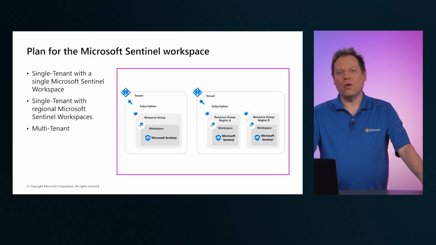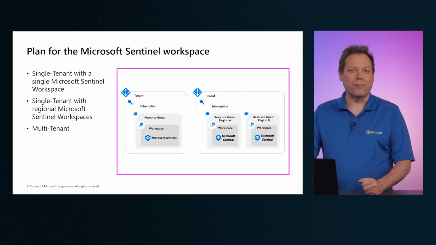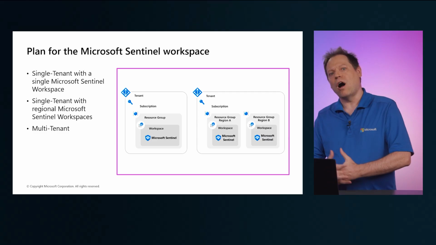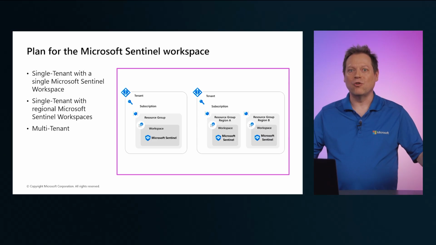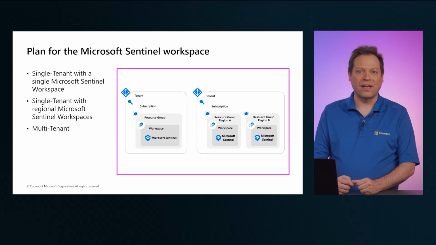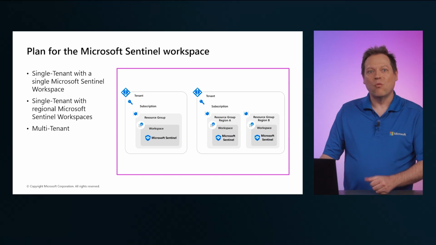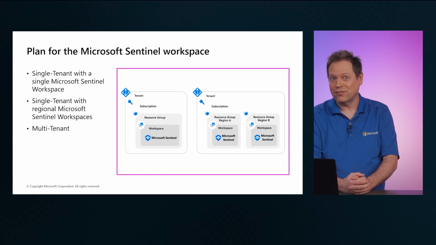Workspace planning is one of the most important early decisions because it affects governance, performance, and how your team operates. There are a few common patterns. One option is a single tenant with a single Microsoft Sentinel workspace, which can simplify operations when you have a centralized team and consistent requirements.